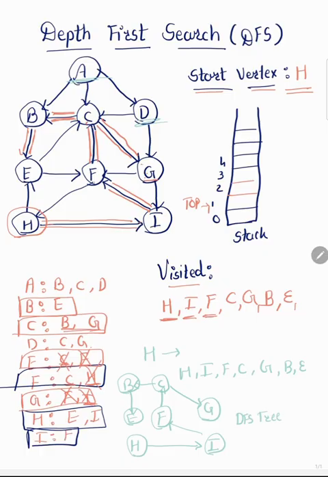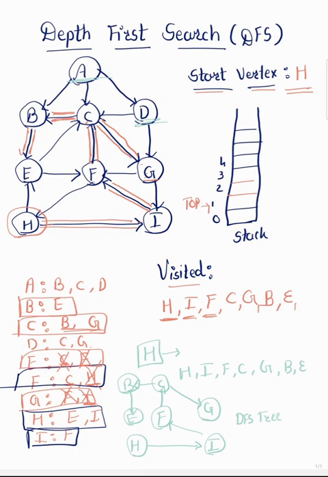Now this happened because we chose the starting vertex H. If we choose some other starting vertex, let us say A, then what will happen? I'll show you that as well.